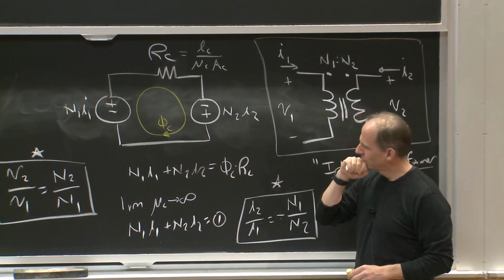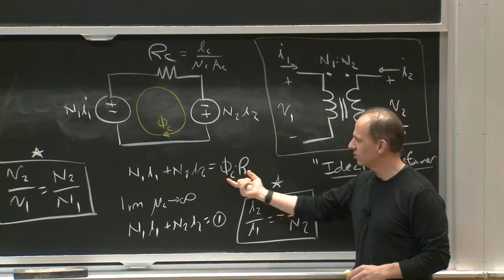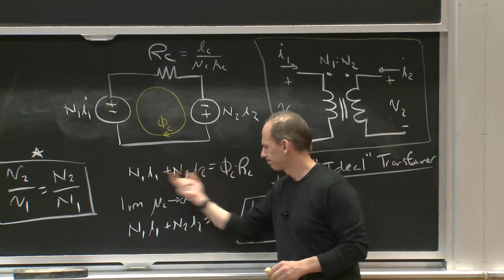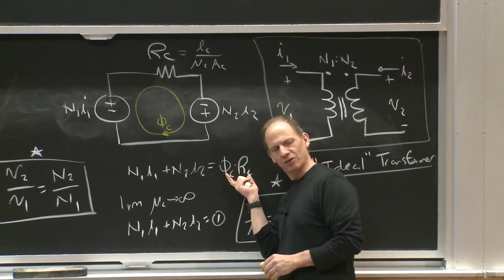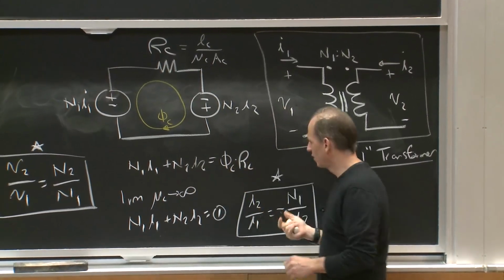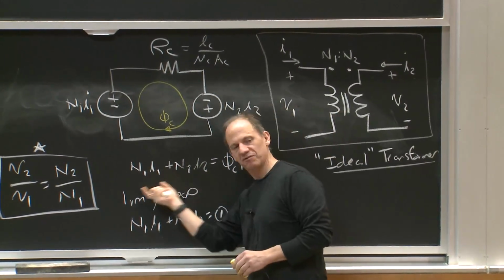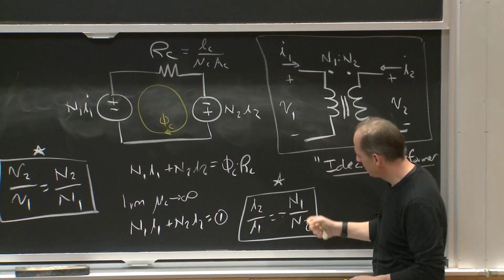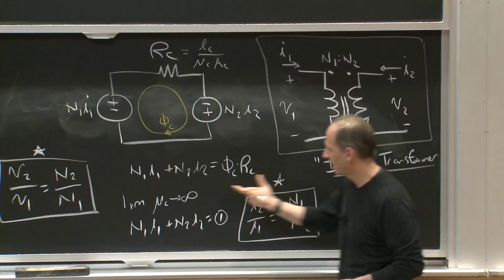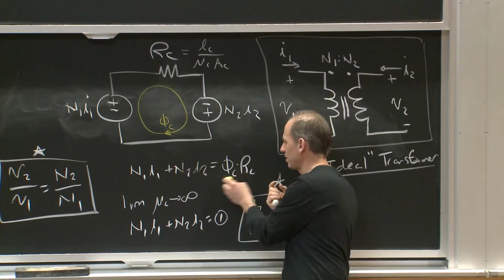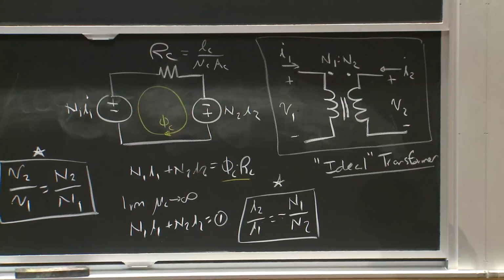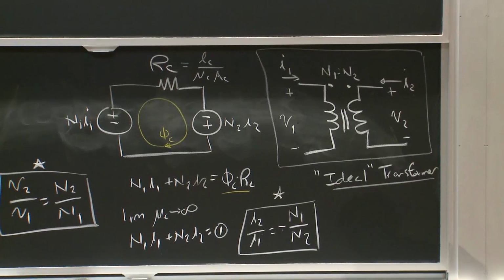Well, the core reluctance isn't really 0. This is actually some non-zero value. That means that the current relations are kind of mismatched, right? I don't really get I2 over I1 being some perfect scaling, but I get a mismatch that's exactly by this amount, all right? So what does that look like in circuit terms?